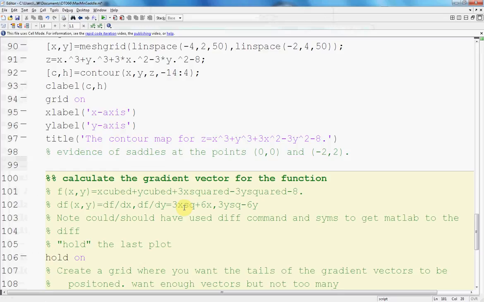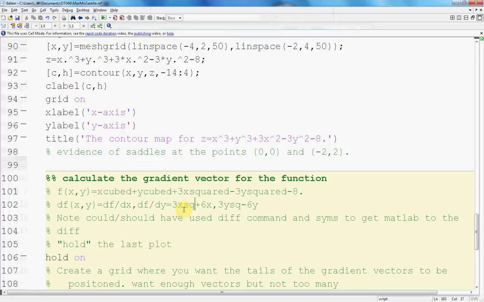I did the differentiation manually: df dx is 3x squared plus 6x, and df dy is 3y squared minus 6y.